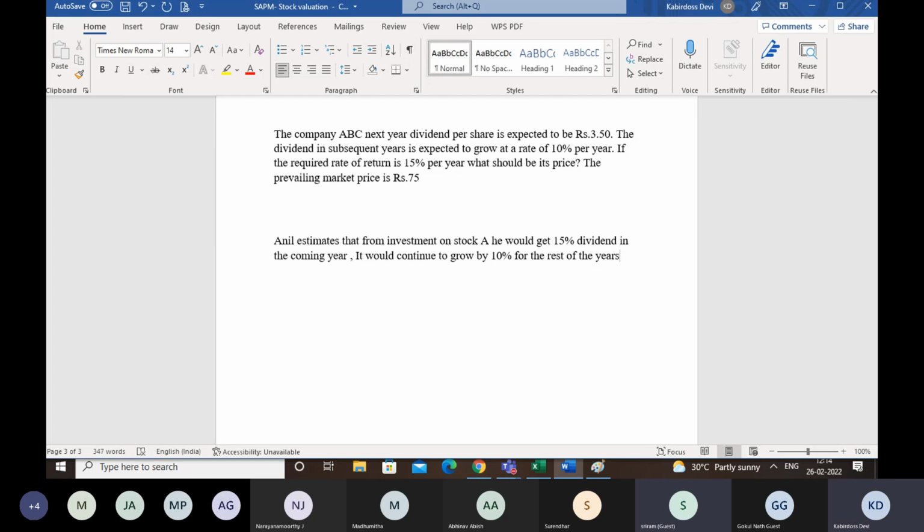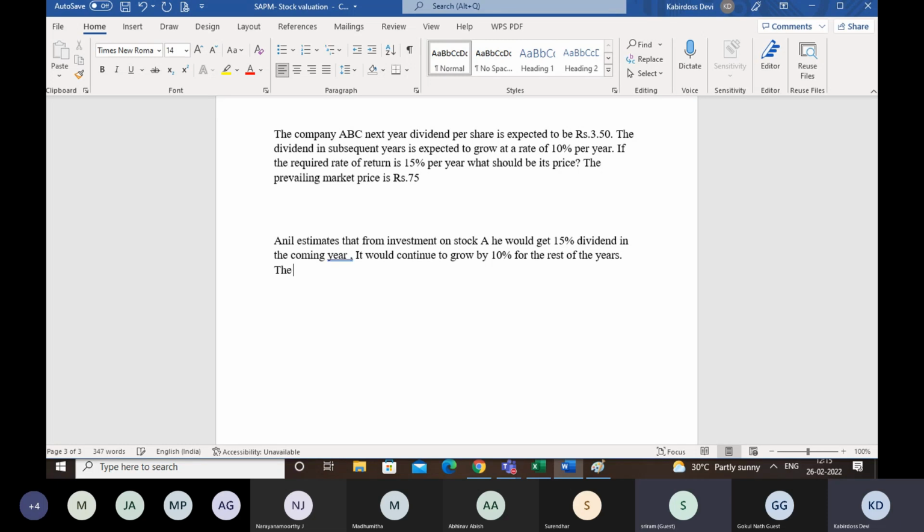There are two formulas when we do the constant method. One directly goes with the required rate and the growth rate, and another one we go by the rate, where this way also we can do it. So here he estimates the investment on stock A, you would get 15% dividend in the coming year, and it would continue to grow at 10 percentage, the growth rate for the rest of the years.